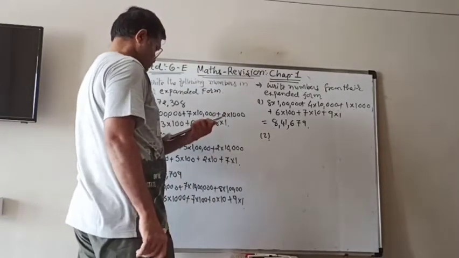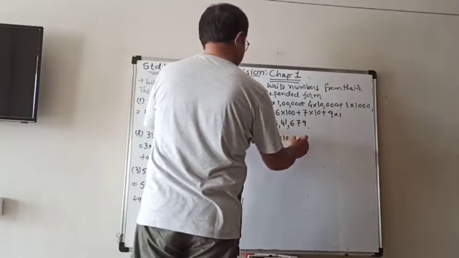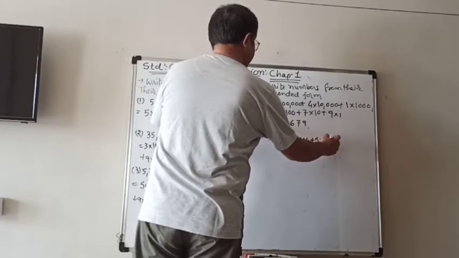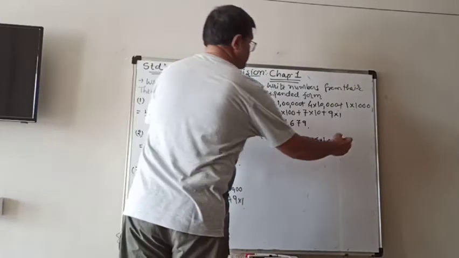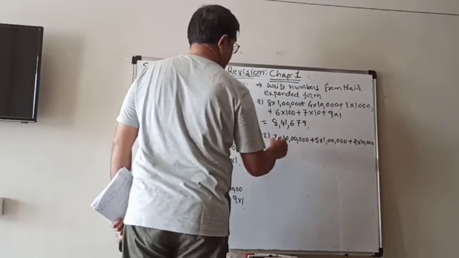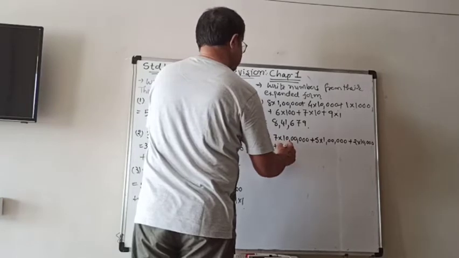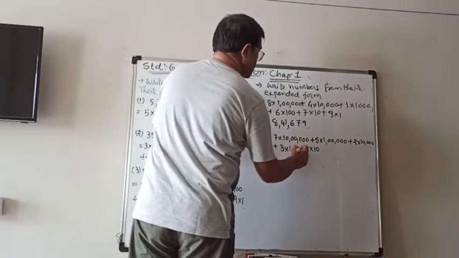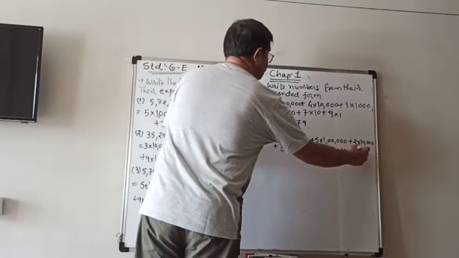Take another one. 7 into 10 lakh plus 5 into 1 lakh plus 2 into 10,000 plus 3 into 1000 plus 4 into 100 plus 9 into 10 plus 7 into 1.